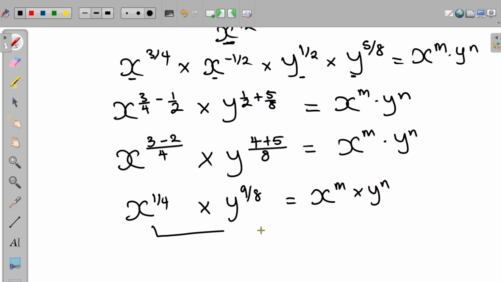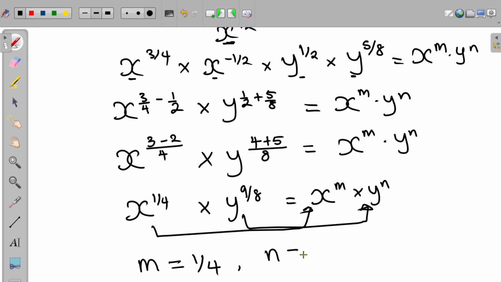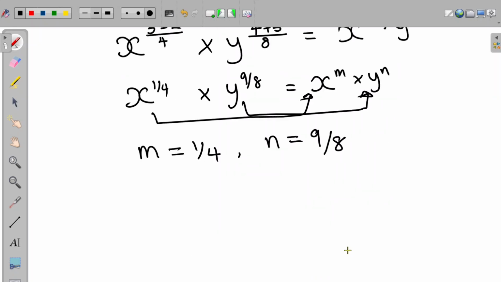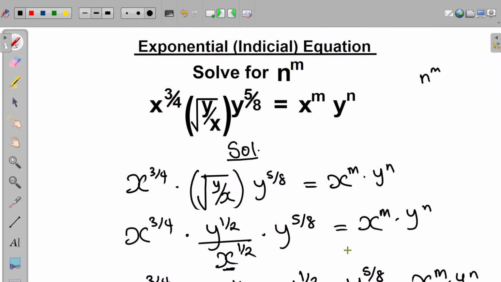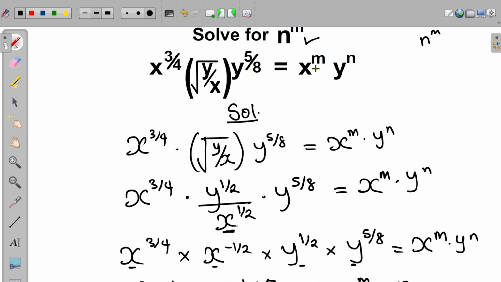If we compare values, we have that m is equal to 1/4 and n is equal to 9/8. But we are asked to find the value of n to the power of m.